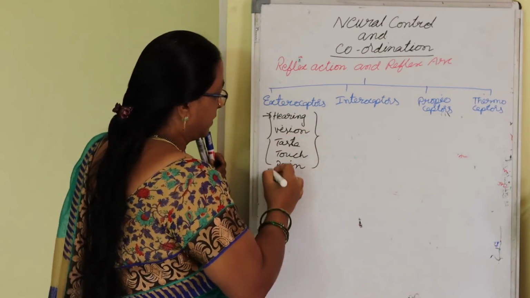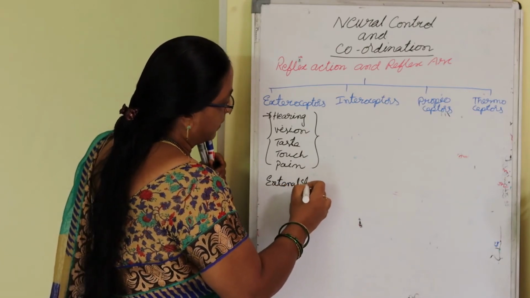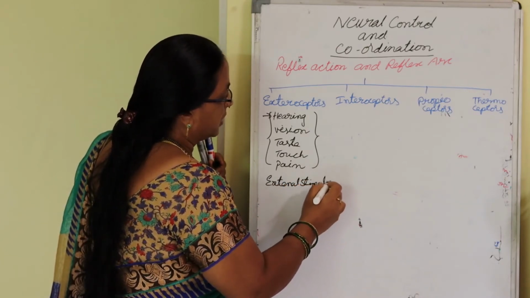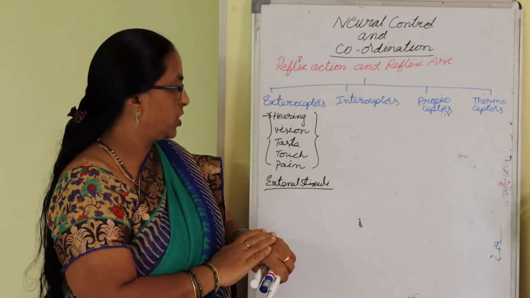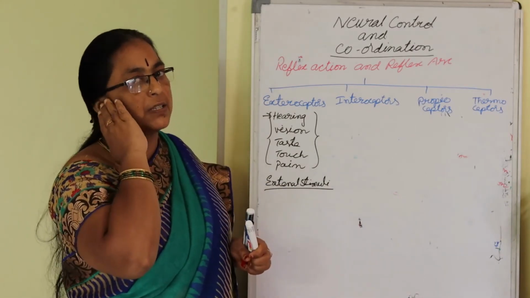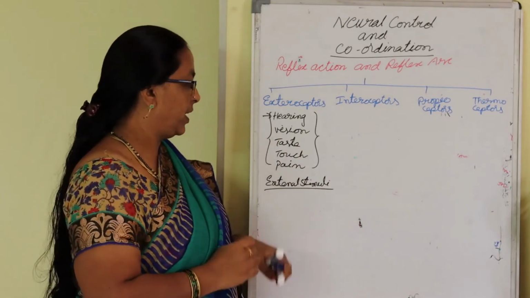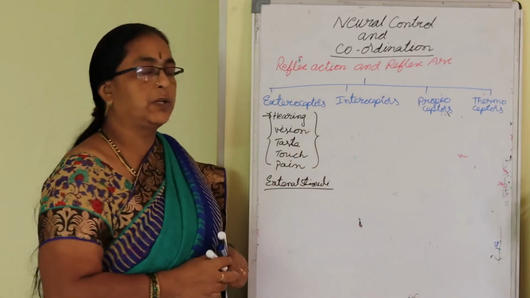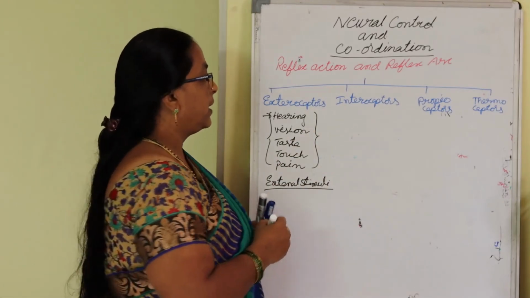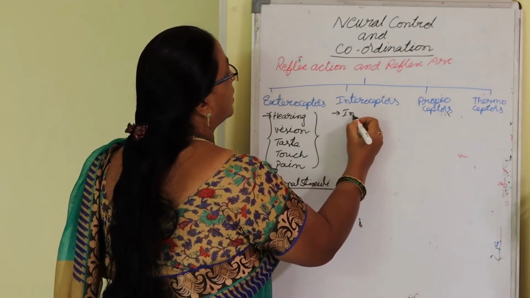These are external stimuli, which are produced outside our body. Suppose a person touches, and we hear some sounds, and vision, taste and pain. So these come under exteroceptors.